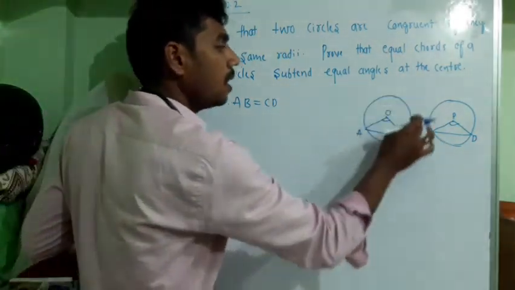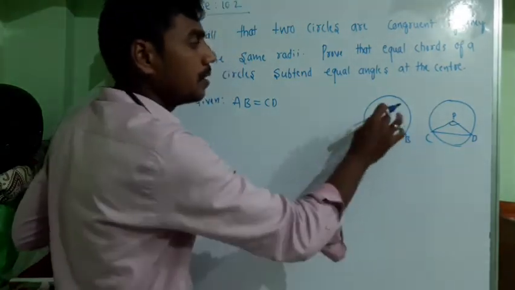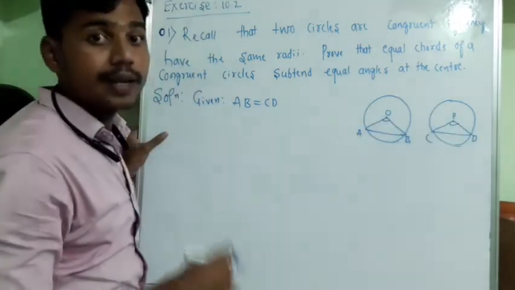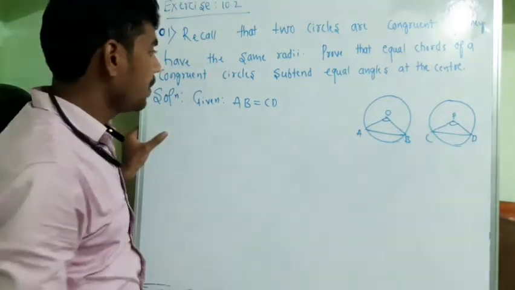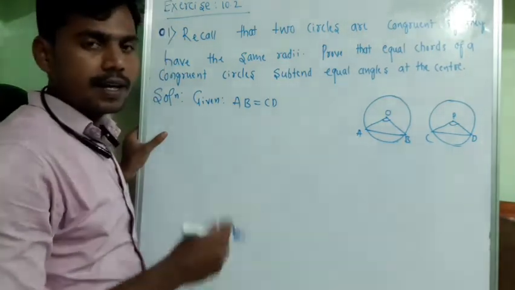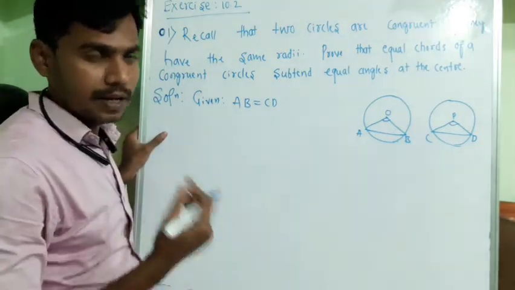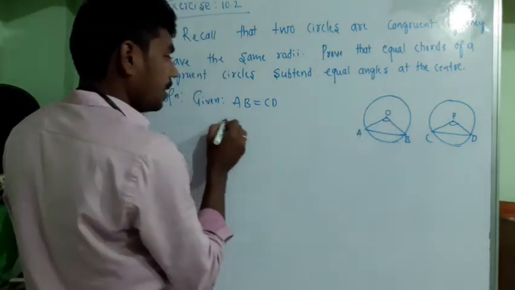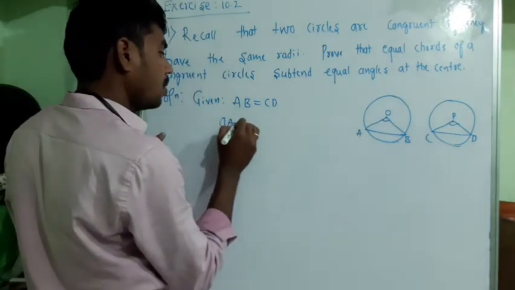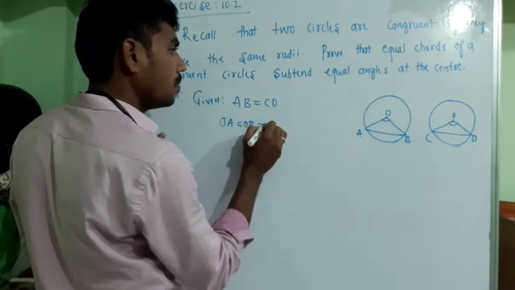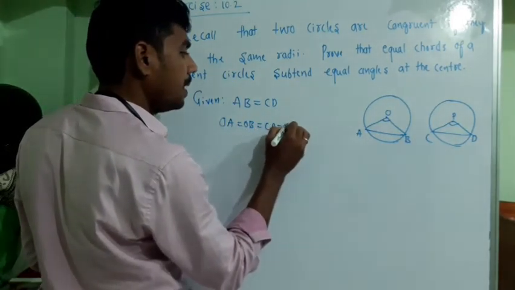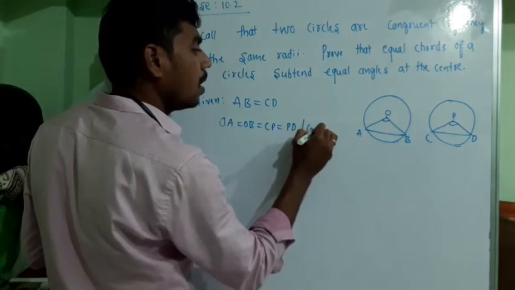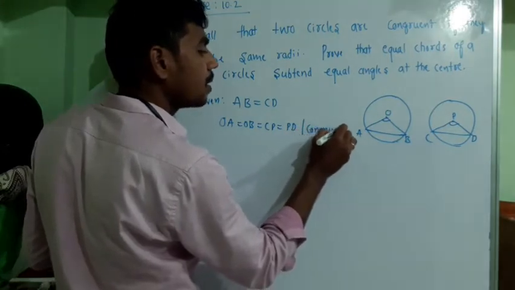If I want to call these two circles congruent, their radii should be equal. The plural of radius is radii. And we know that OA is equal to OB is equal to CP is equal to PD. This is because of congruent circles.